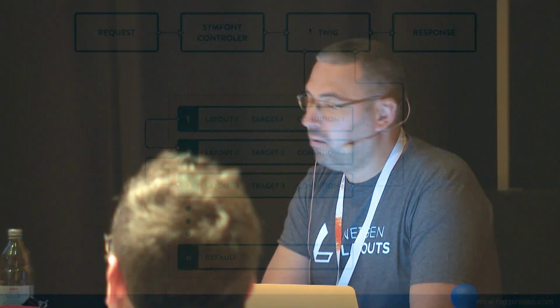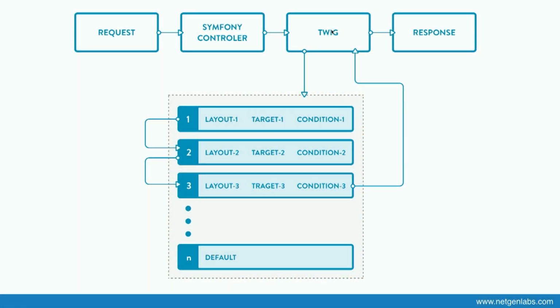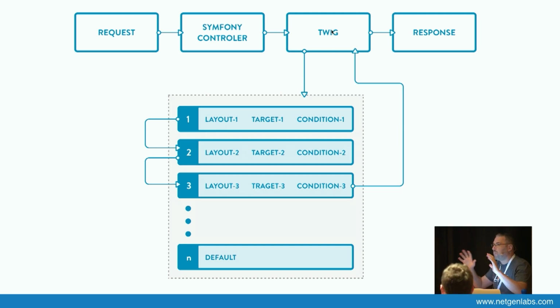But we have blocks that can reuse the blocks rendered in Twig. So you could actually reuse things from the Twig inside the layouts and mix them with other blocks. Now, that's a bit more advanced. That's not a simple thing to understand, but gives a lot of possibilities.